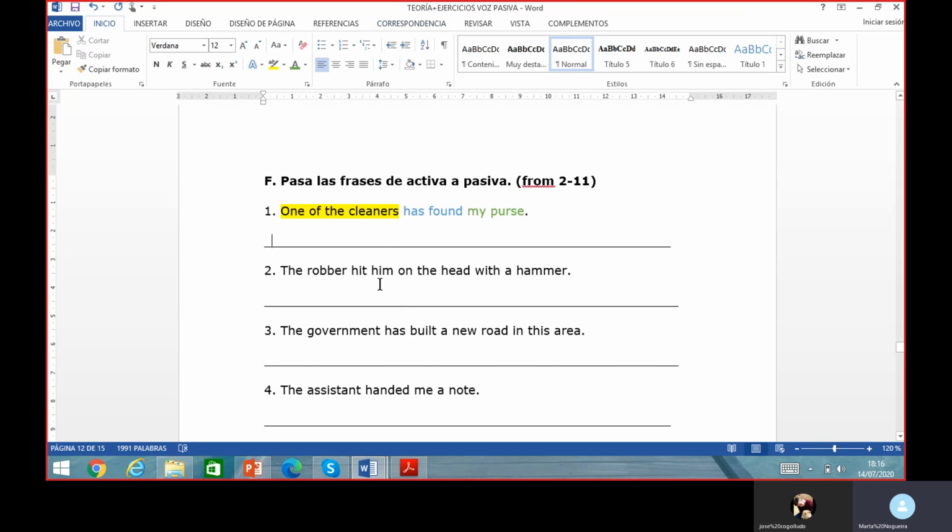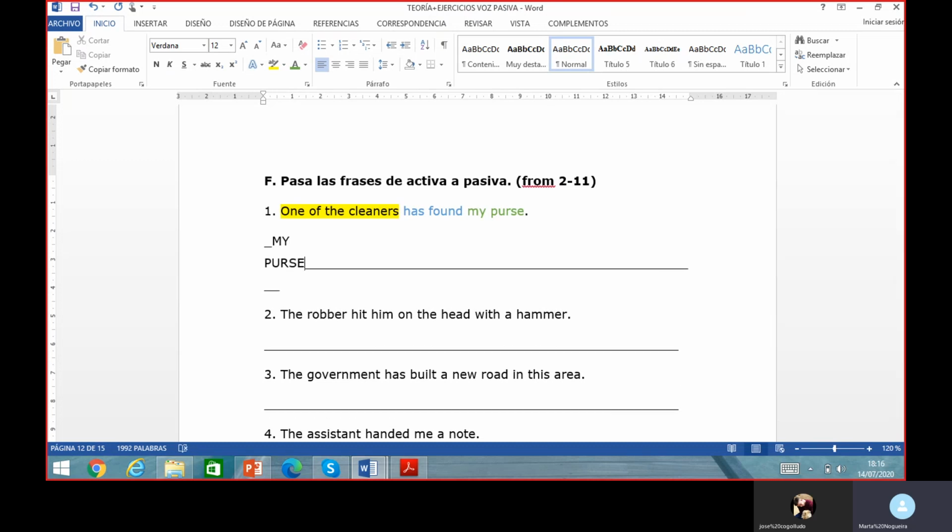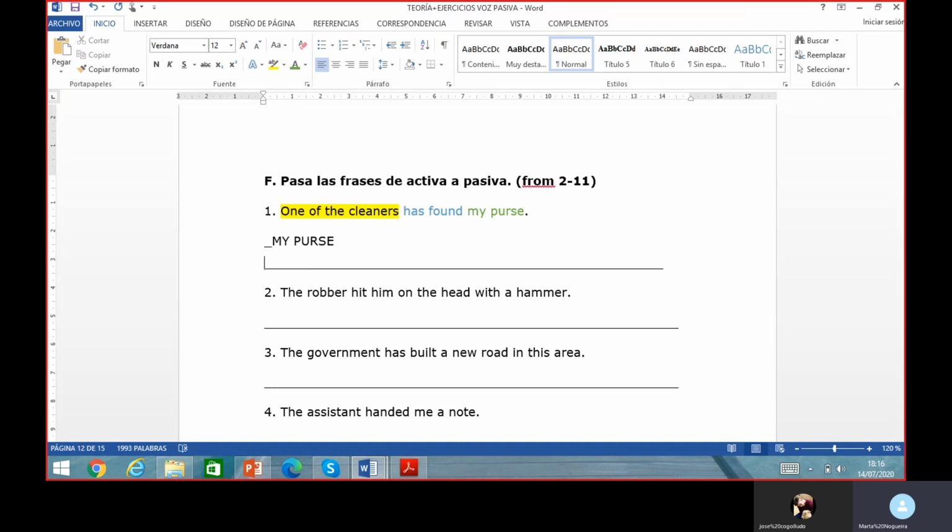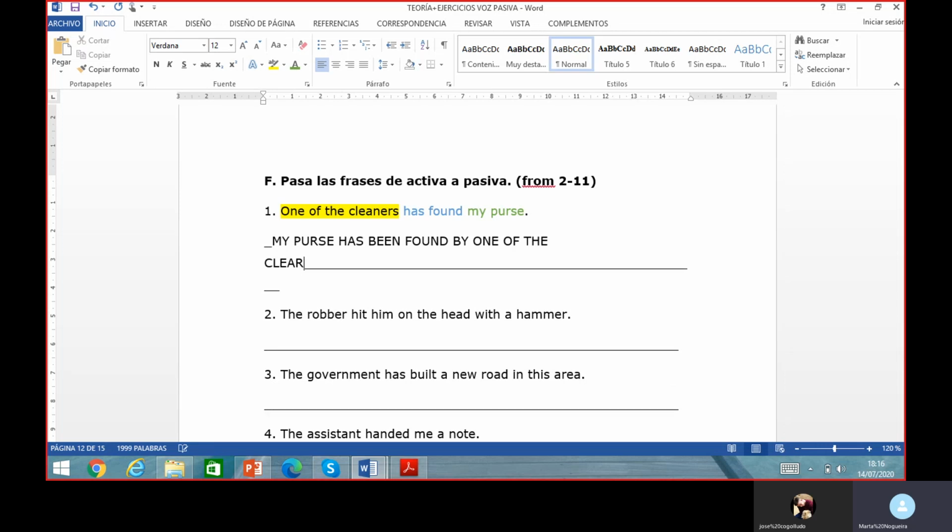And what do you have to do to change the order? My purse. Now what tense? This is present perfect. Has been is the present perfect of to be. Then I put the participle and then I put the agent. The nurse. Okay, so this is what you have to do.